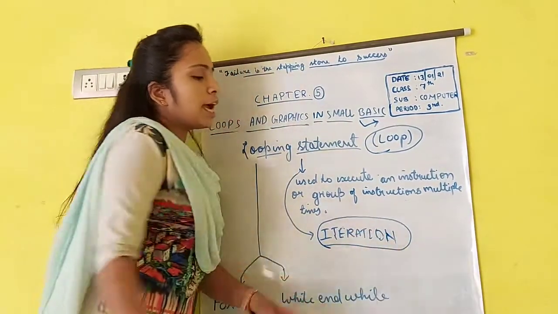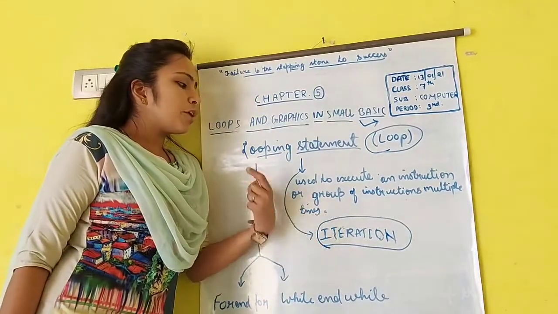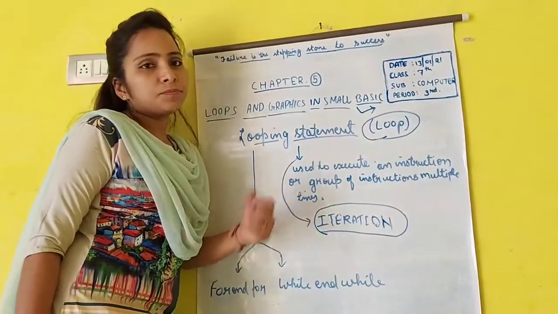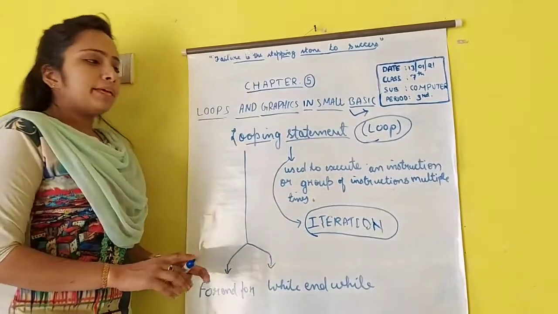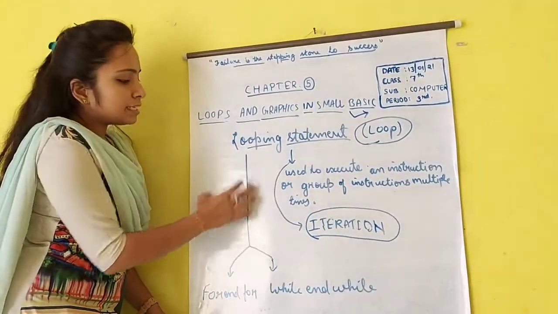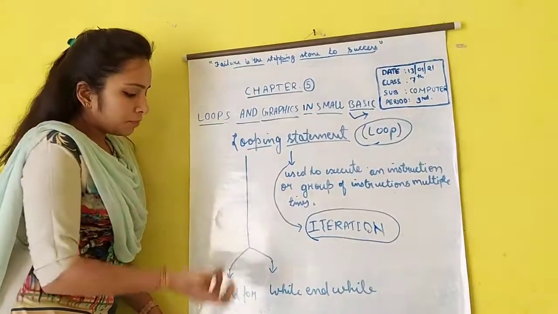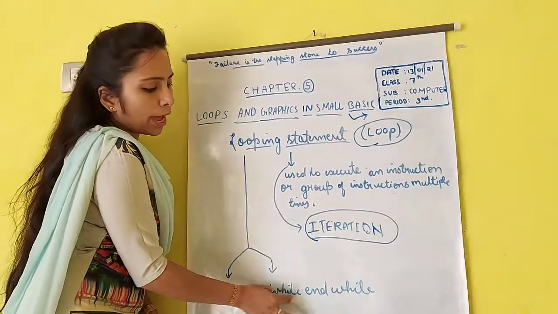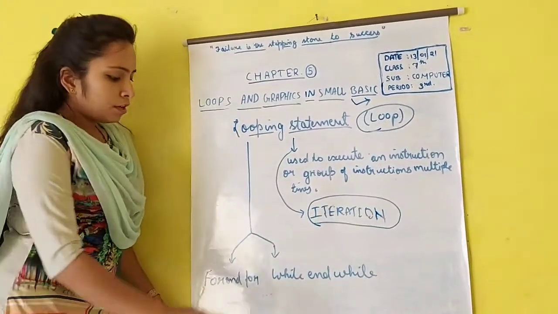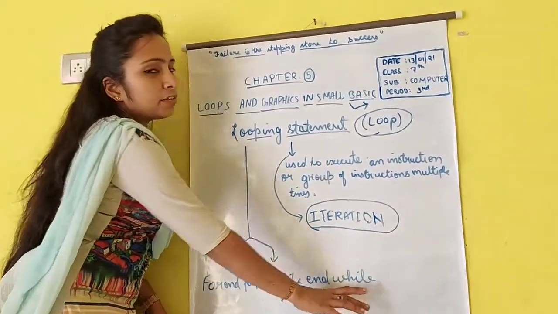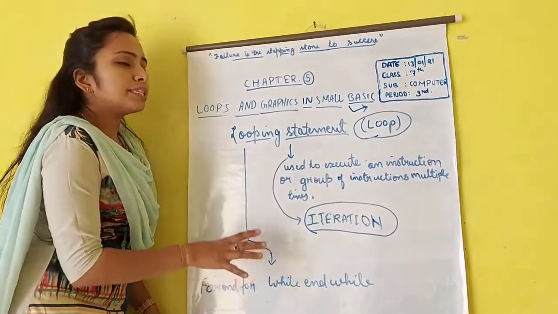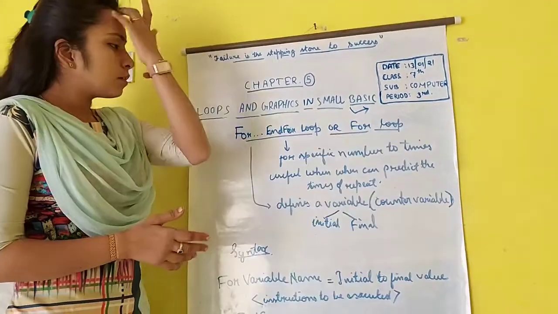I-T-E-R-A-T-I-O-N, iteration. Now, in Small Basic, looping statements are of two types. One is For and EndFor loop, and the other is While and EndWhile loop. Now we will study these two looping statements in detail.